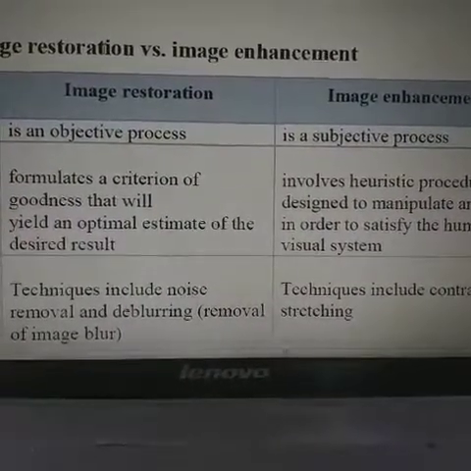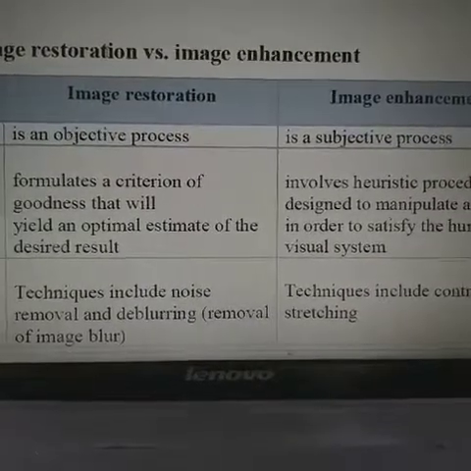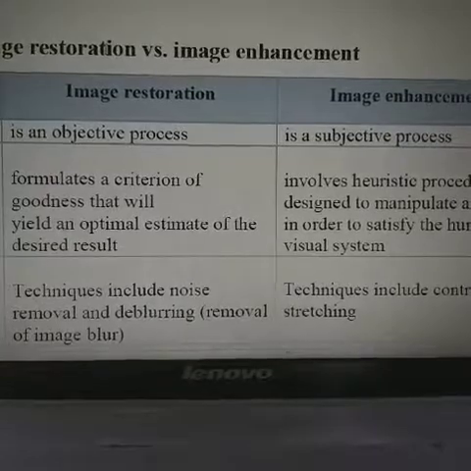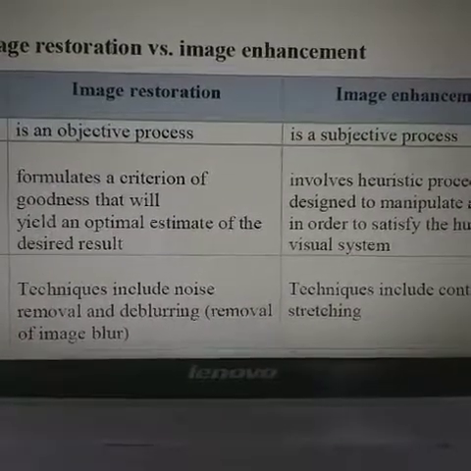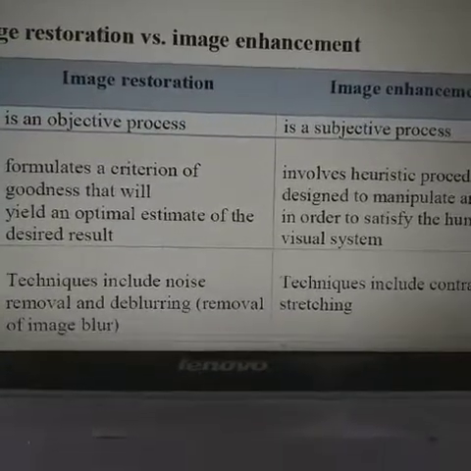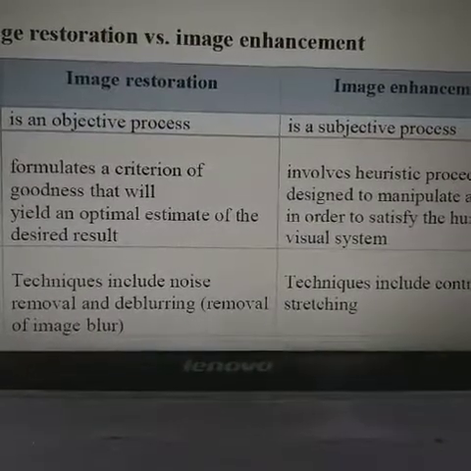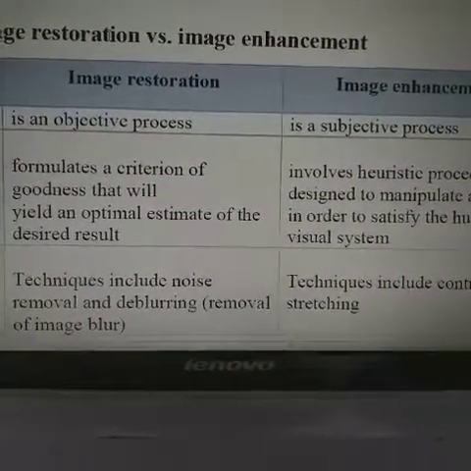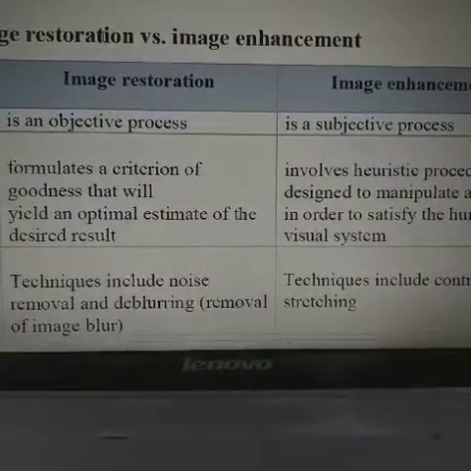To improve the degraded image, we use techniques in the spatial domain and the frequency domain. In spatial domain techniques, we use noise removal methods. And in the frequency domain, we use the deblurring method for the removal of image blurriness.